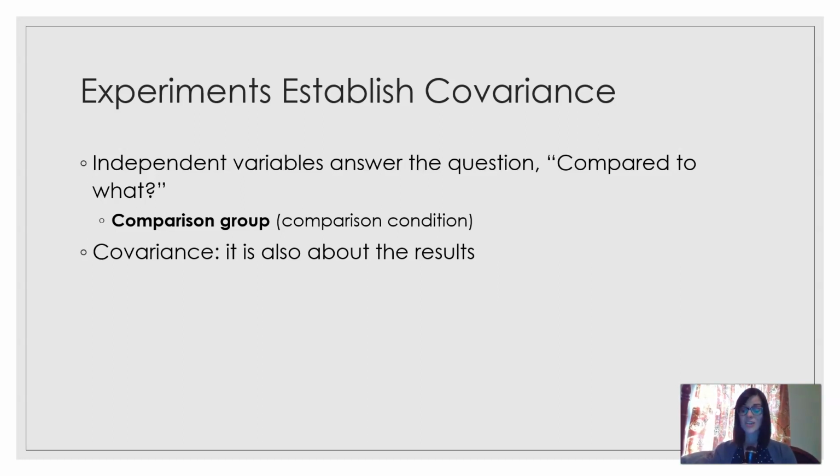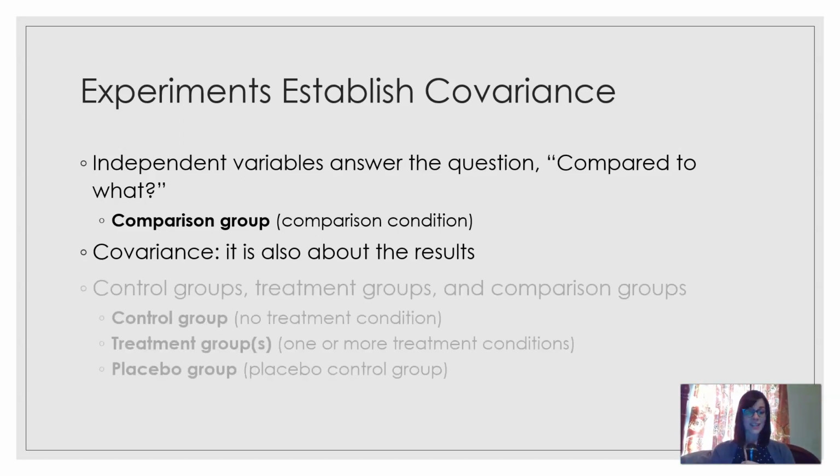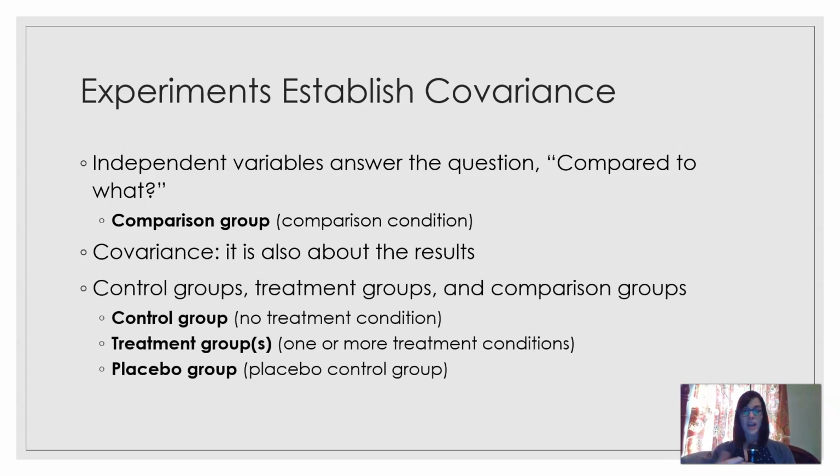So in this case, there's no covariance in the DV, and that means there's no effect. So if we want to get an effect, we not only have to have covariance in our independent variable to establish that comparison group, we also have to have covariance and variability in our dependent variable if we want to see an effect. Additionally, we can use control groups as another basis of comparison.